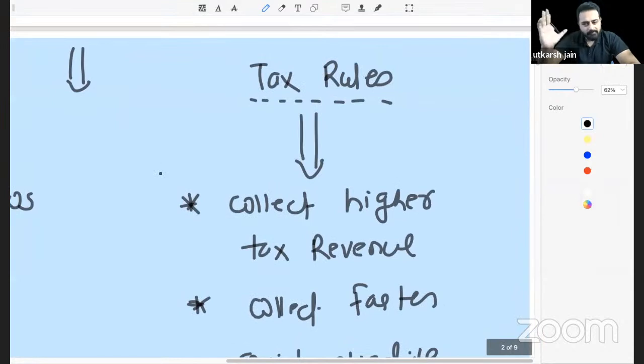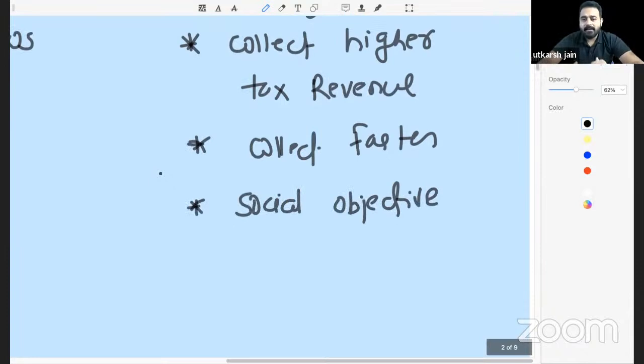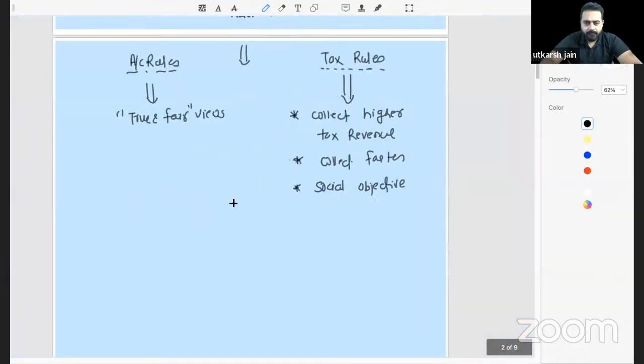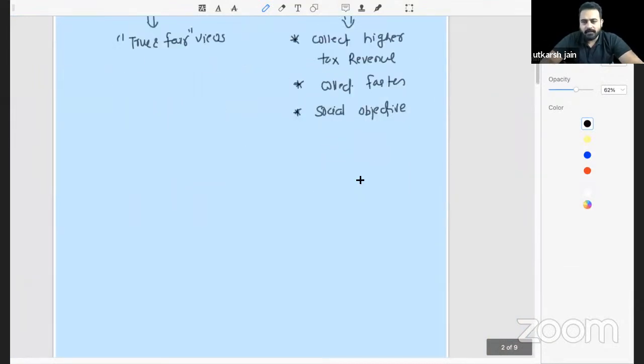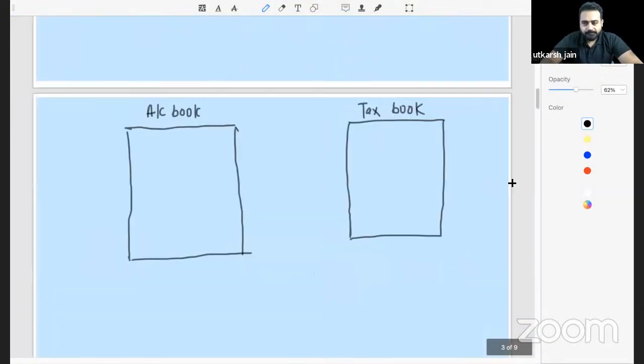Taxation laws are not as much worried about giving us a correct picture. Taxation laws ask how can we get higher tax revenue this year? How can we get faster revenue? How can we achieve some of the social objectives, or other economic objectives? Okay, fair enough. Understood that. So what is the implication?